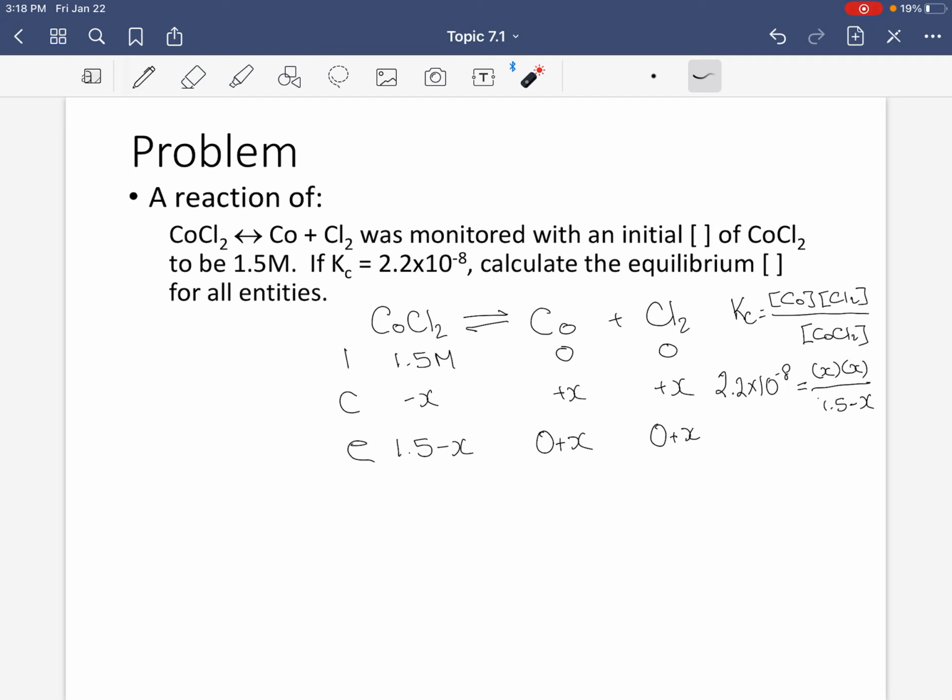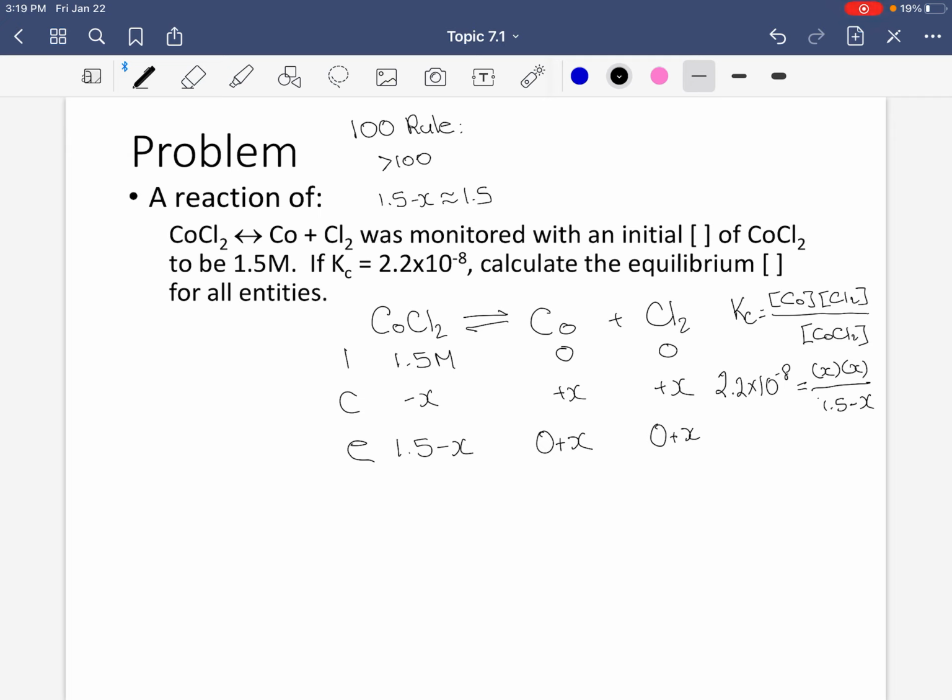And I'm going to test that, and to test that, we use something called the 100 rule. The 100 rule means if this number is greater than 100, then 1.5 minus x, just make it 1.5. Now, if this is less than 100, too bad. Do your quadratic equation. Suck to be you.